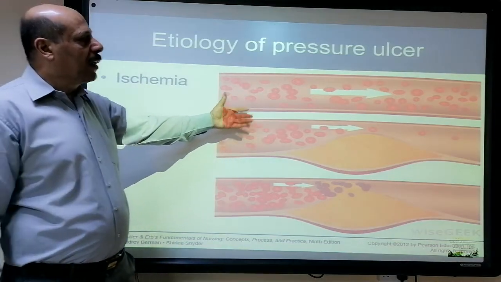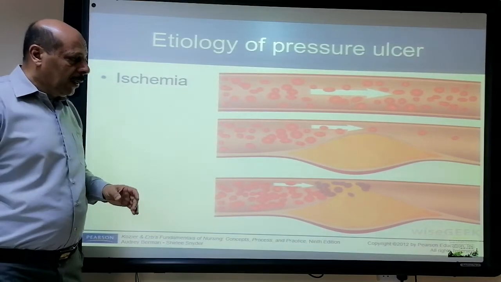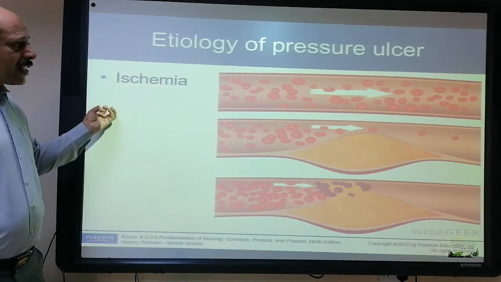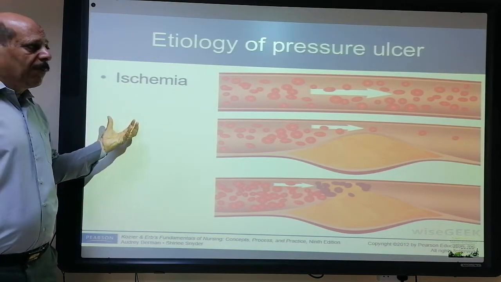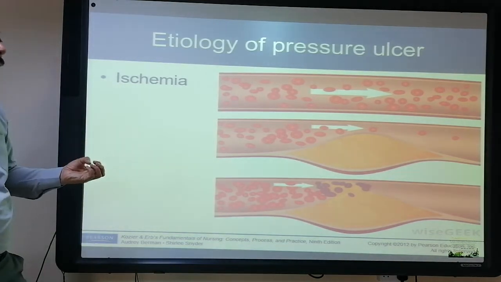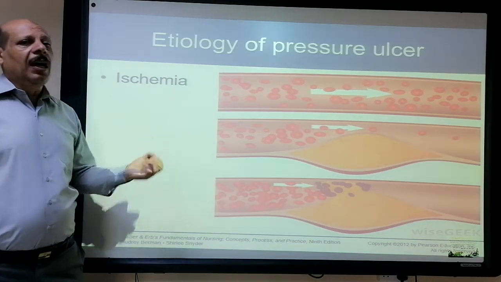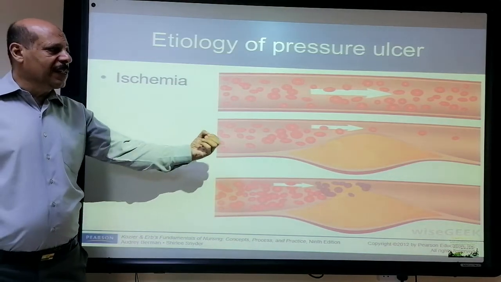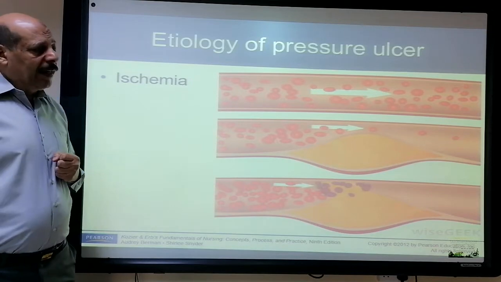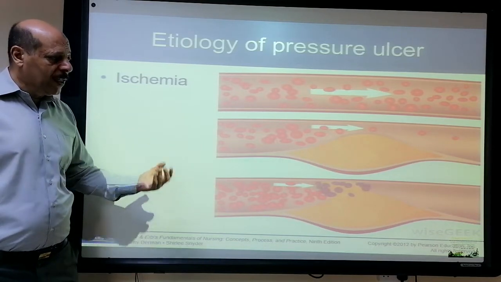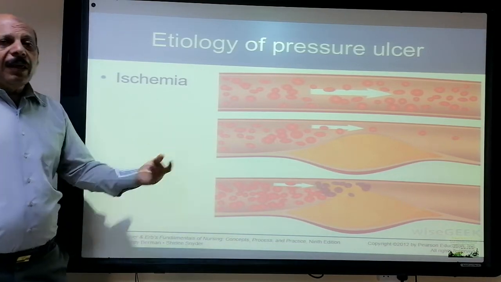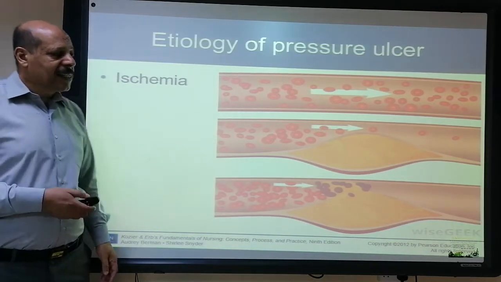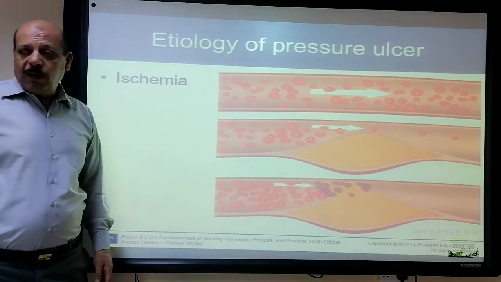Also, it will affect the blood vessel walls. So ischemia, or loss of blood supply to the area, will diminish the oxygen and nutrient supply to those tissues, including the skin. This will enhance the formation of pressure sore.